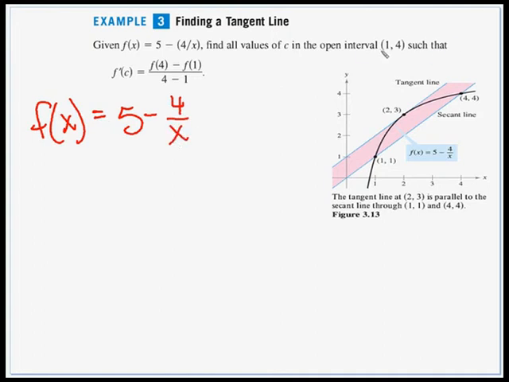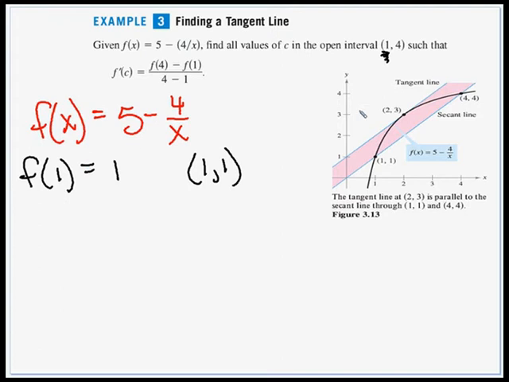And I want to check out the height at my x values. So the first thing I'm going to do is plug in my first left endpoint x value, f of 1. If I plug a 1 in for this x, I'm going to have 4 divided by 1 is 4, and 5 minus 4 is 1. So I know the coordinates of my left endpoint, 1, 1.